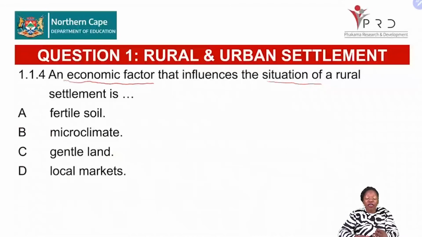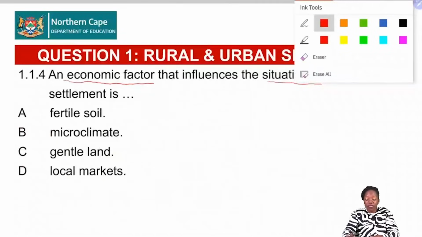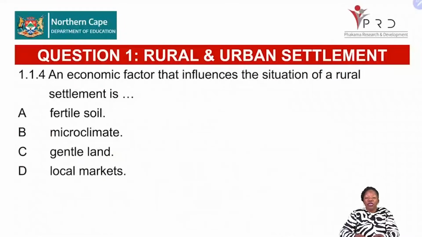So again, you have the fertile soil. Is that an economic factor? Is the microclimate an economic factor? Your gentle land, is that an economic factor? Or your local market, is that an economic factor?